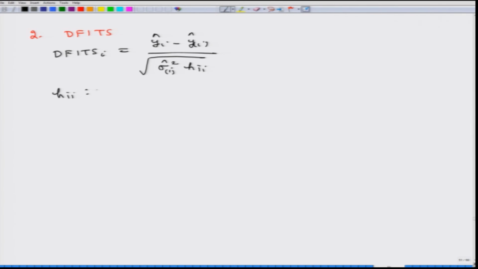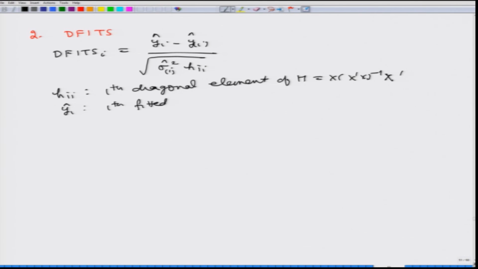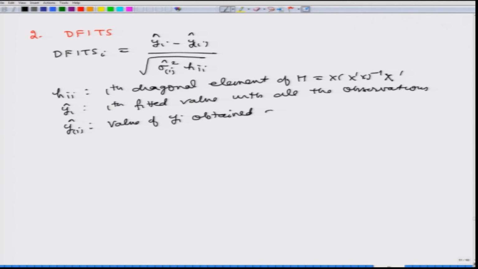As usual, h_ii is the ith diagonal element of the hat matrix, and y_i hat is the ith fitted value with all the observations, and y_i hat(i) is the value of y_i obtained after removing the ith observation.